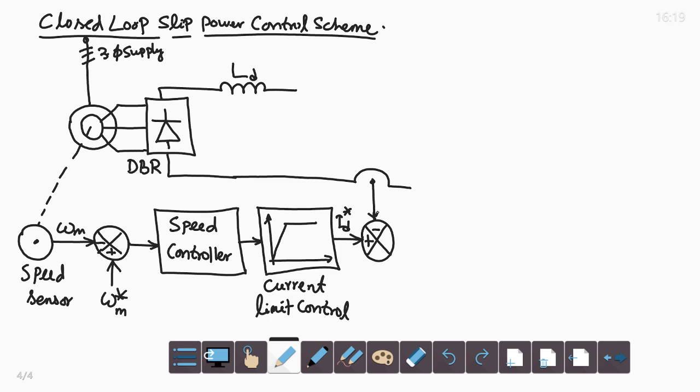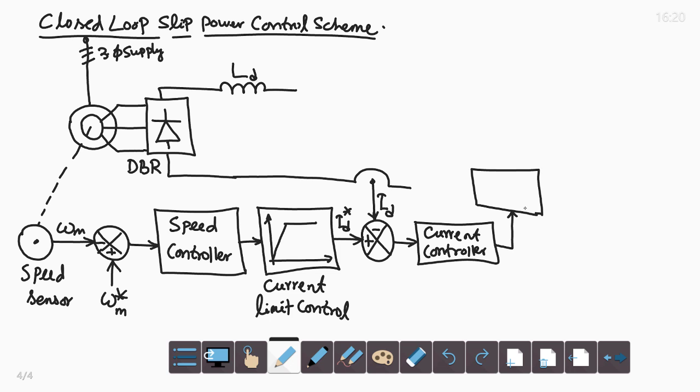Then the actual DC link current is sensed and compared with the reference current, and the DC link current error goes through a current controller. Current controller output is the control voltage Vc, which goes to the firing circuit of the inverter.